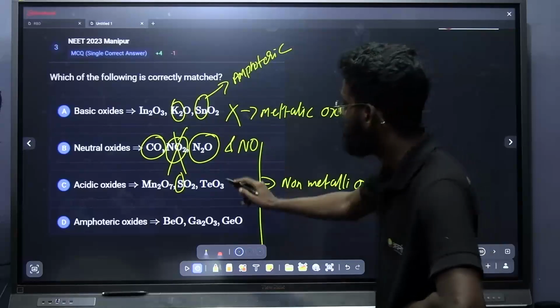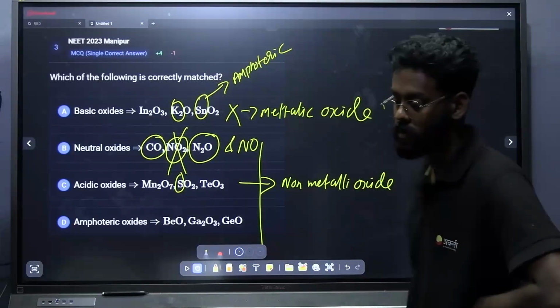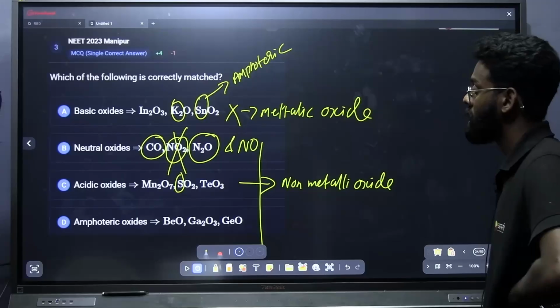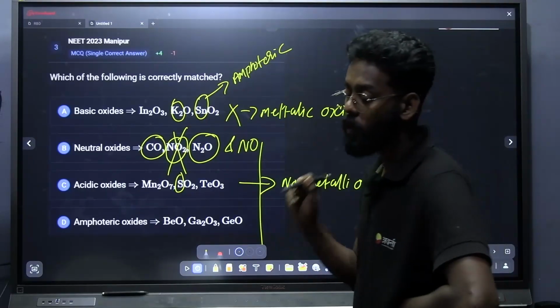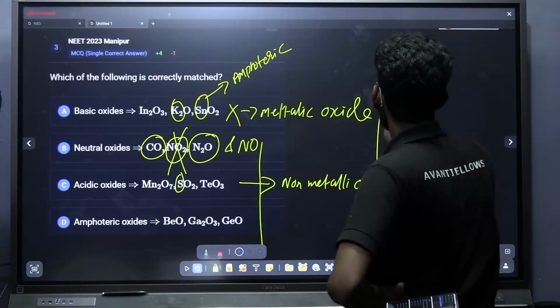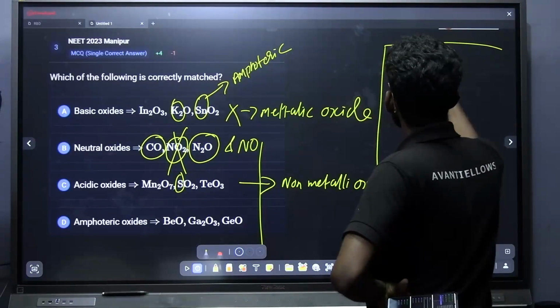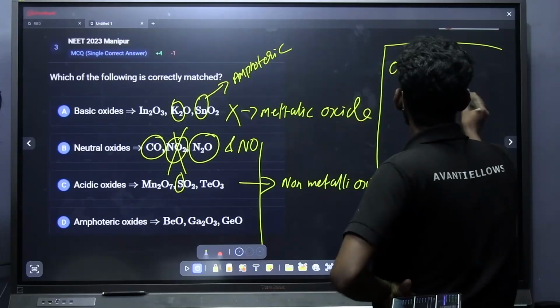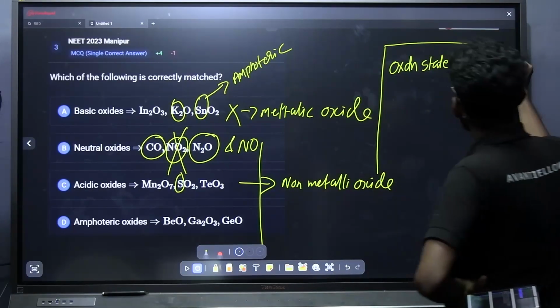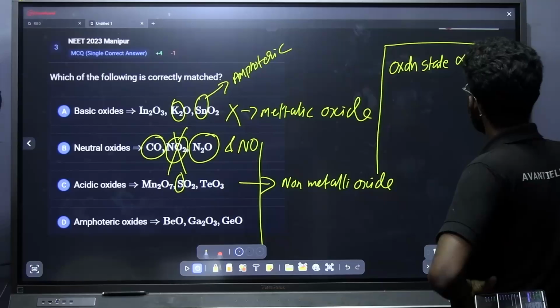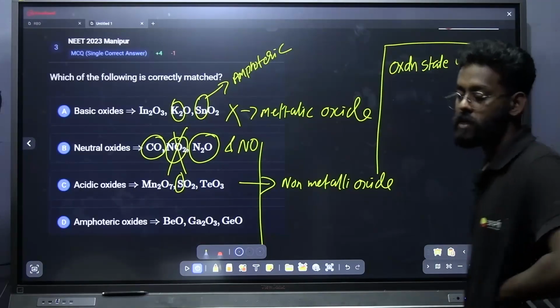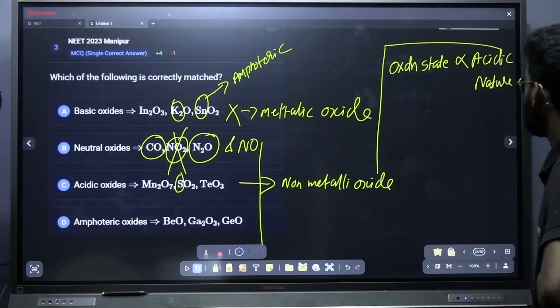But why do they come as acidic oxides? It is because of the high oxidation state. We have to write one more point: oxidation state is directly proportional to the acidic nature.